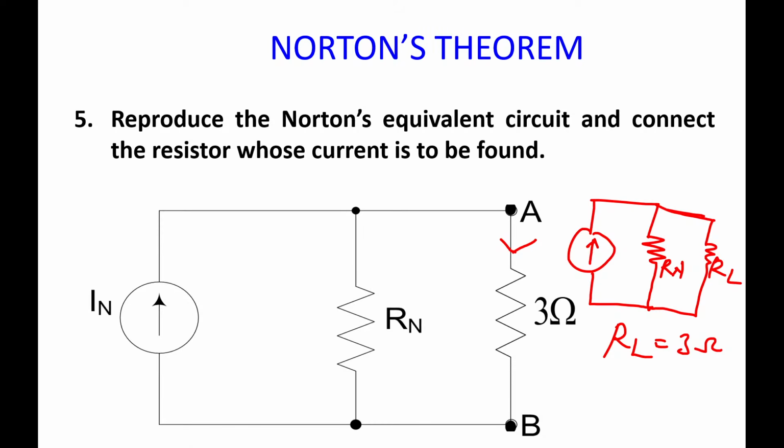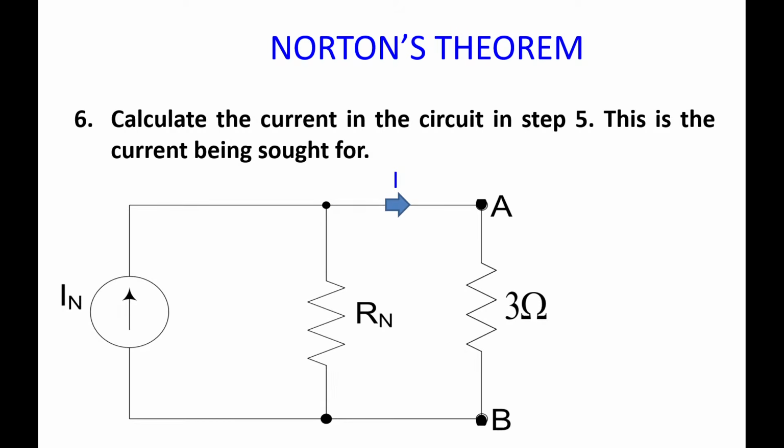So in this case, it was 3 ohms. After we are done, we bring it back, and then this is our Norton's current. Using current division, we can find the currents passing through this branch. Let's say the current passing through that branch is the I here.